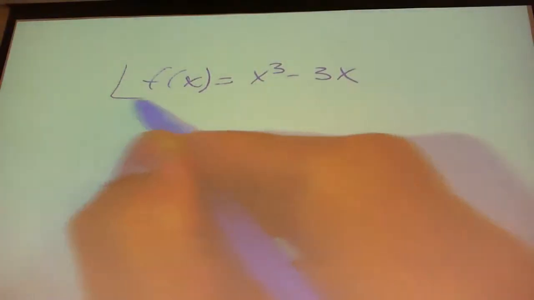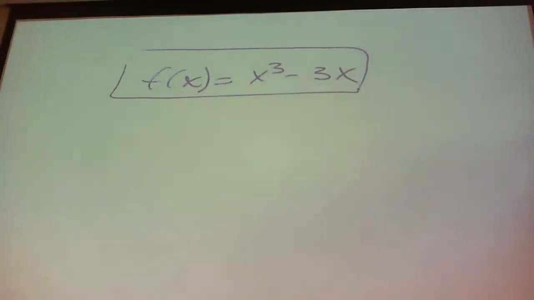So let's kind of work that out. We're trying to learn about the original. The original is x cubed minus 3x. To learn about the original, we did a quick picture of that. A quick picture is that it goes up, it goes down, and it goes up again.